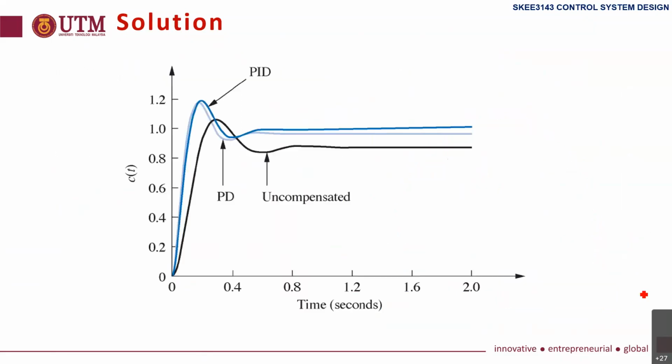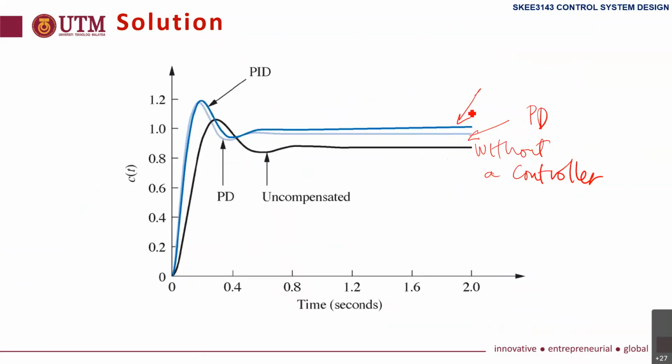This is the time response. You see, this is the one without a controller. This one is only PD. It is good, but we can still see there is an error.